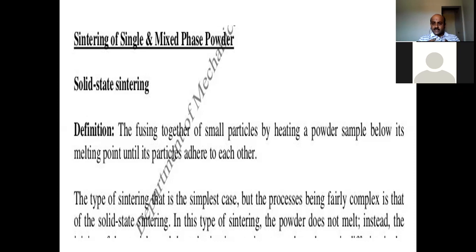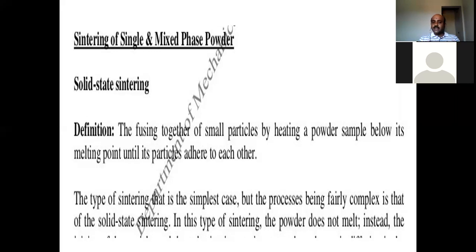Basically, when particles have to bond together, they would need to melt across their surface. Once it melts, two adjacent particles at the melted surface will fuse together.